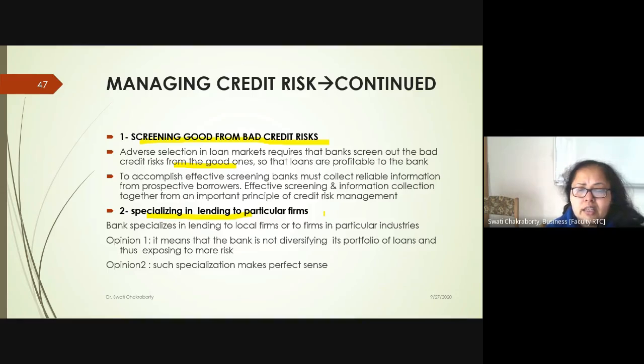The second option is that such specialization makes perfect sense, in the sense that they are not looking out for multiple prospective borrowers, which is difficult to manage. If they concentrate on one area, it's easy to manage and easy to monitor.